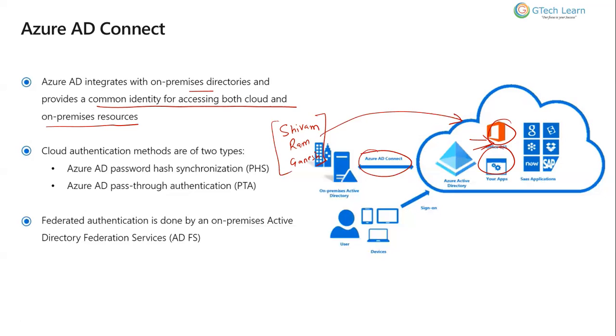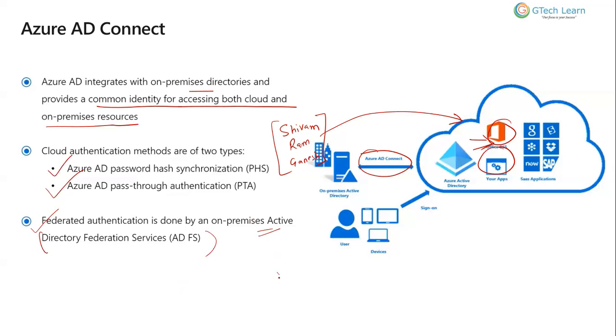If I'm talking about the authentication method, we have these three types of authentication methods available. We can go with Azure AD password hash synchronization, we can go with Azure AD pass-through authentication, and if we go with federated authentication that is done by the on-premises Active Directory, in that case we can work with the directory federation services over there.